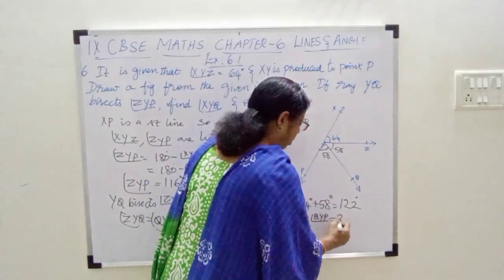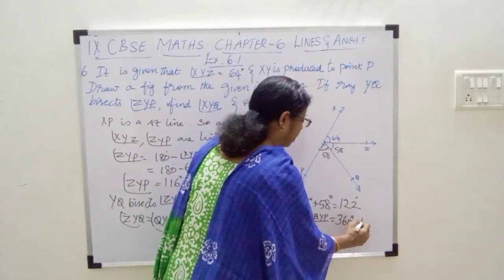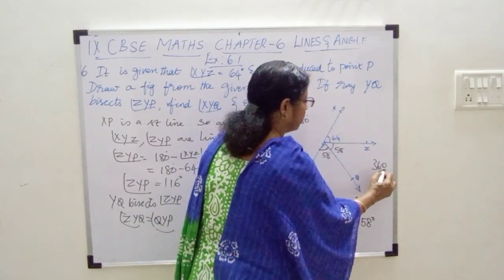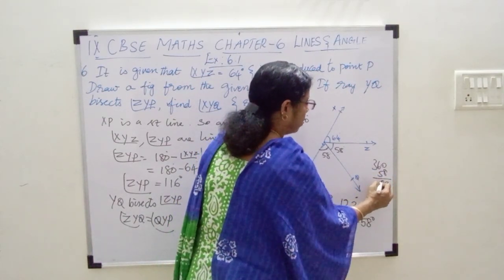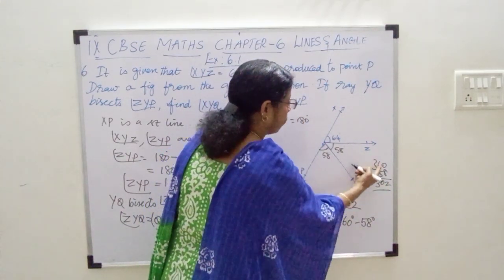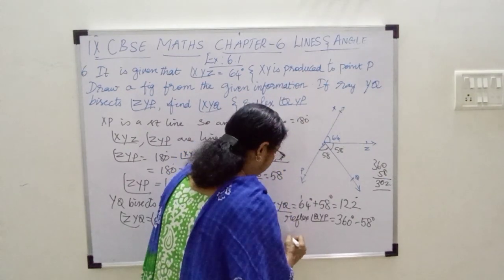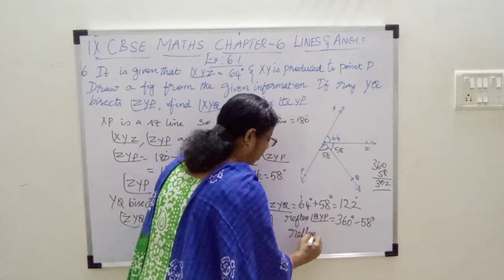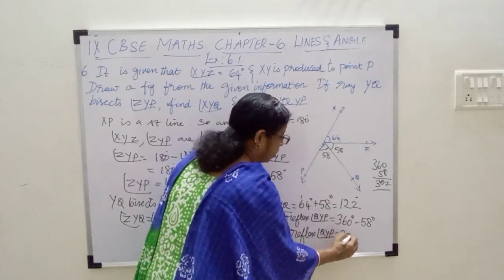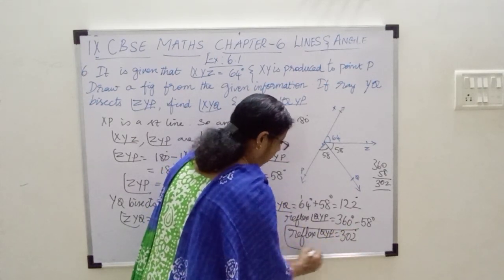So 360 degree minus 58 degree. 10 minus 8 is 2, 5 minus 5 is 0, here 3. So therefore, reflex of angle QYP is equal to 302 degree.